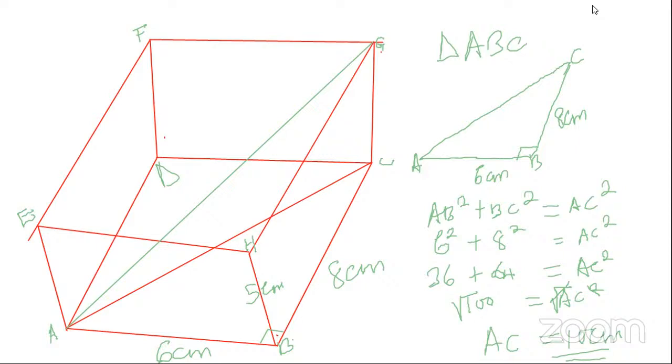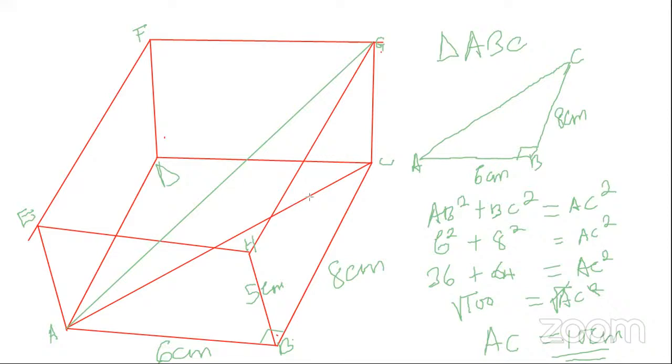Christine, what are we going to do to find AG? Okay, 10 squared plus 5 squared is equal to AG. Thank you. That is very good.